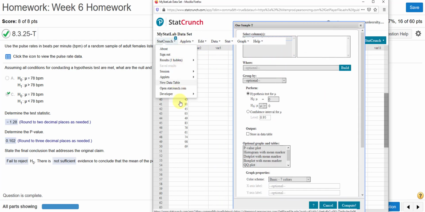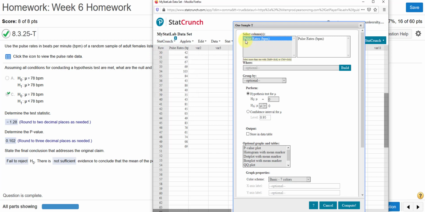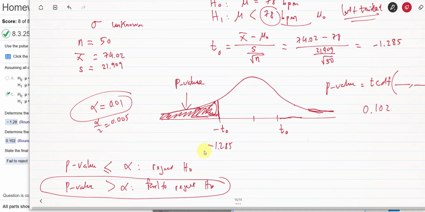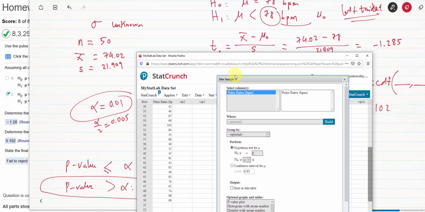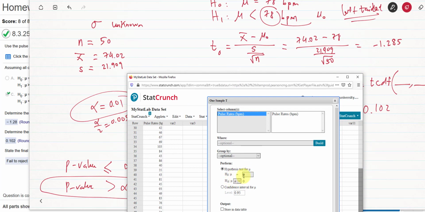You want to input your data, which is this column, the post race column, and choose the hypothesis test for the mean. The null hypothesis is that the mean is equal to 78, and the alternative hypothesis is less than 78.